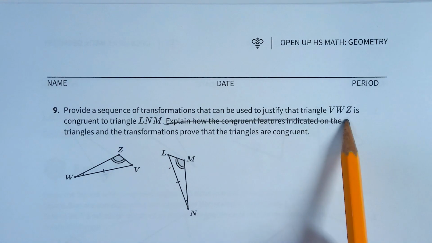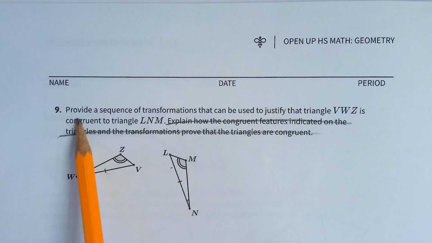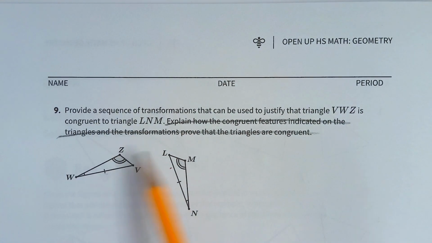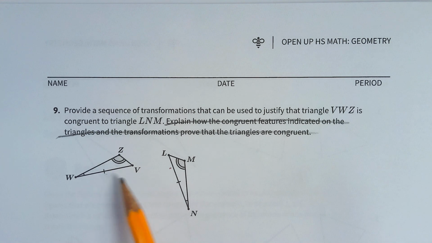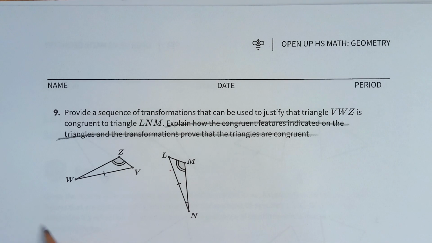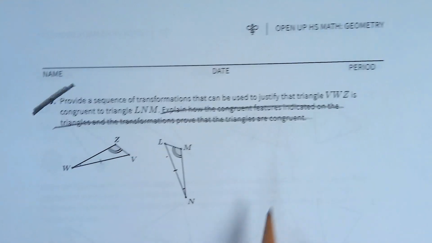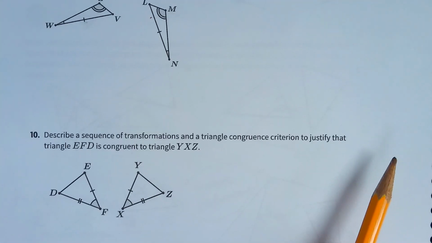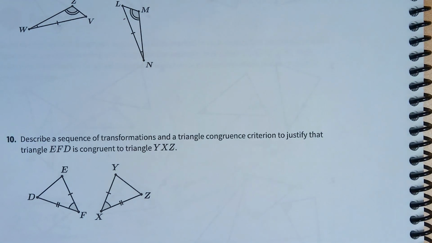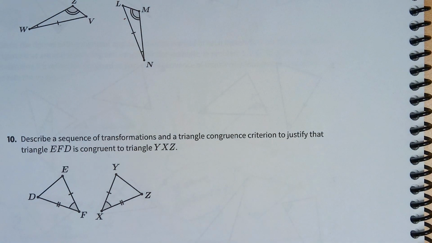Do not explain. Unless you want to. We got more talking to do about AAS. Remember, they tagged AAS on at the very end. In fact, don't even do number 9. Skip.